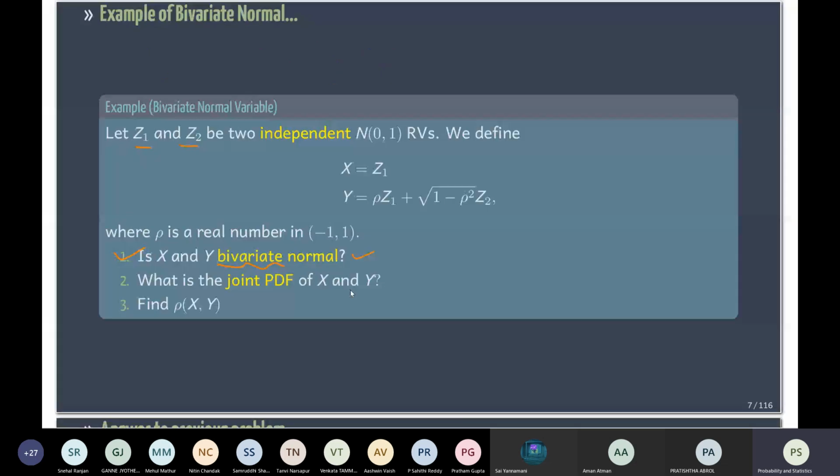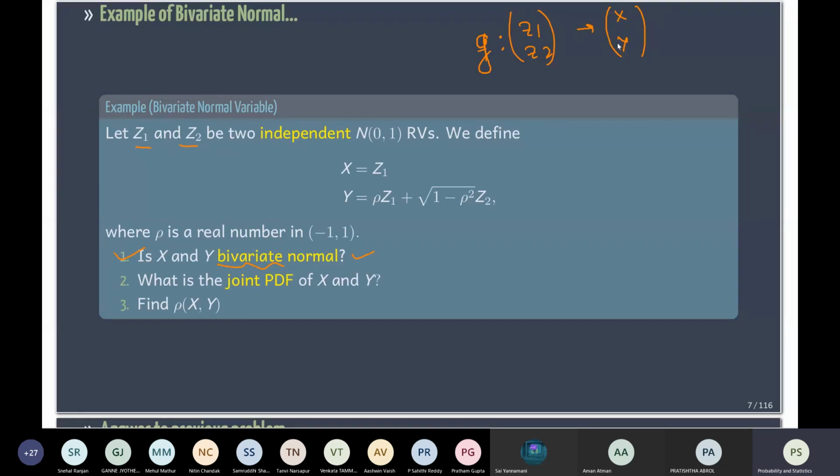And what is the joint PDF of X and Y? To find the joint PDF, we need to invoke the method of transformation, because it involves the function that goes from Z1, Z2 and outputs X, Y. So we will invoke the method of transformation.